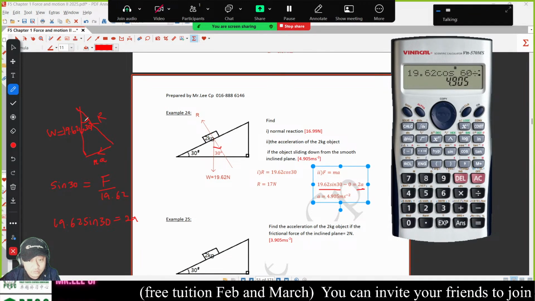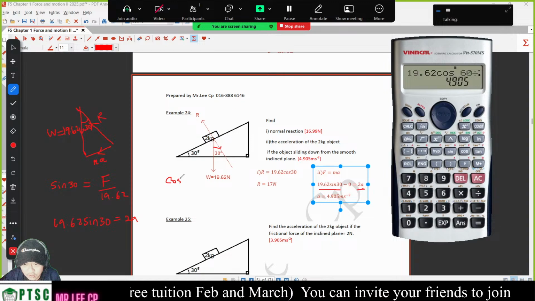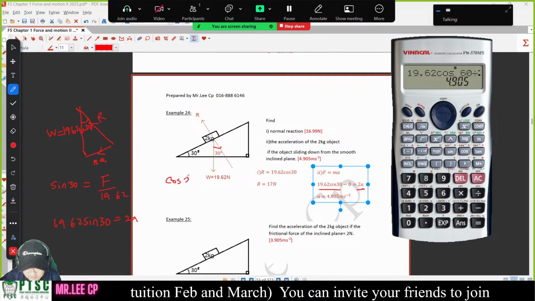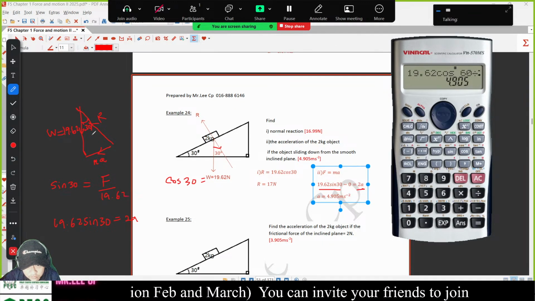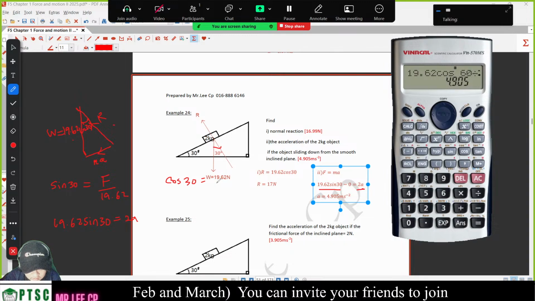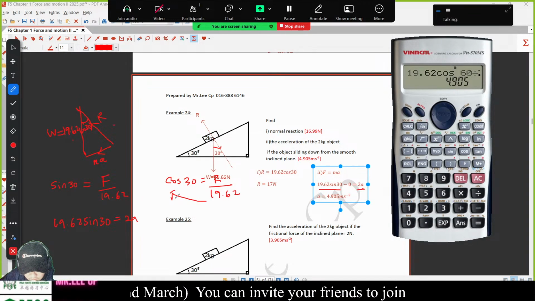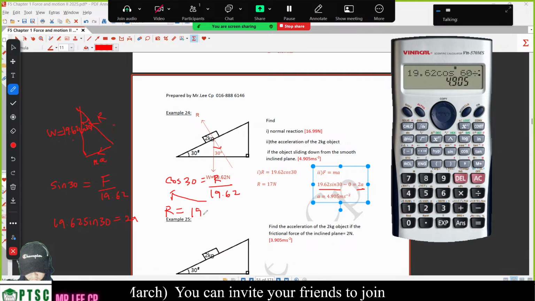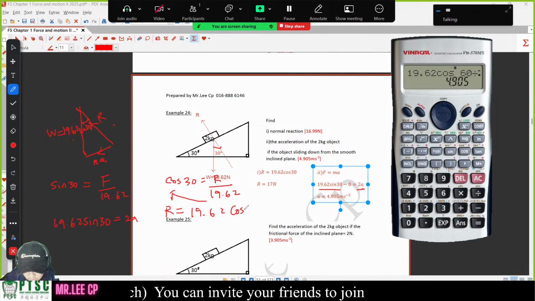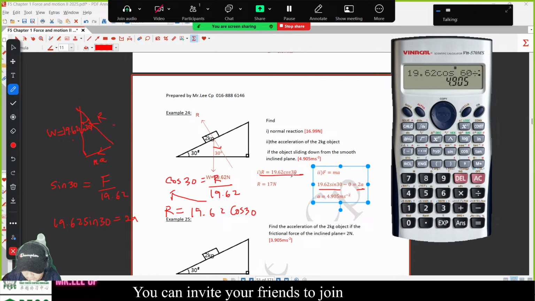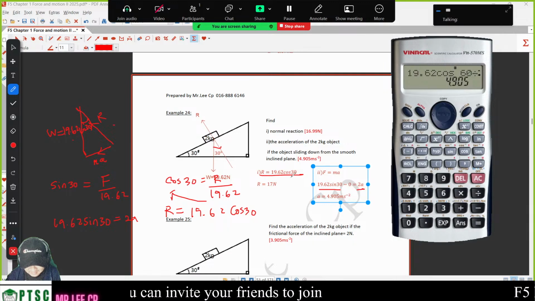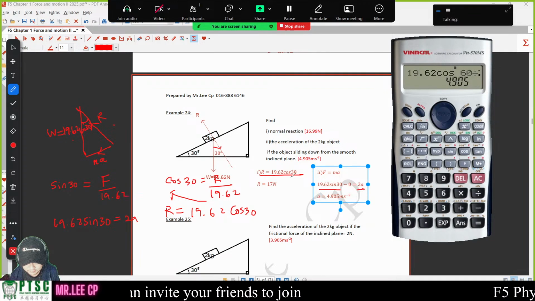Now, how about cos 30 is equal to adjacent over hypo, R over 19.62. So R is equal to 19.62 cos 30. Why do I use one step to get the answer?